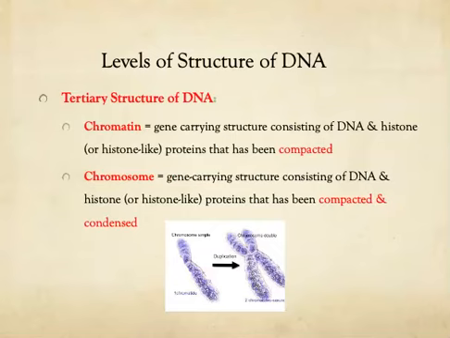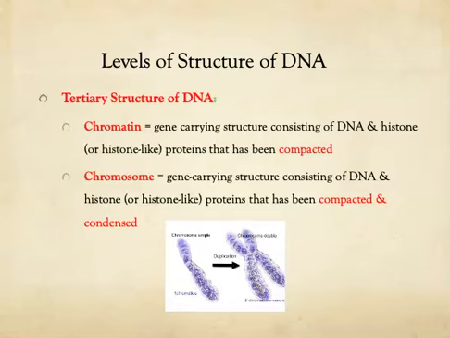The tertiary structure of DNA is then the next level of complexity that this molecule takes in living cells. And that can be either the form known as chromatin or the chromosome. Chromosomes are actually interesting structures because technically they only occur in a cell at a very particular time in its life cycle.